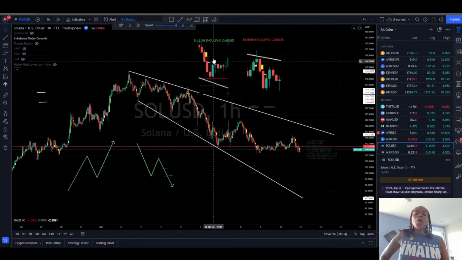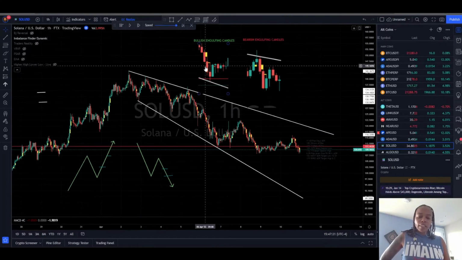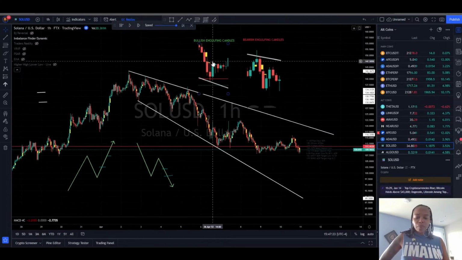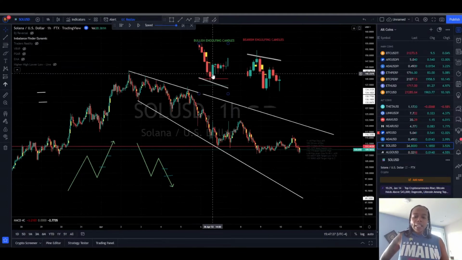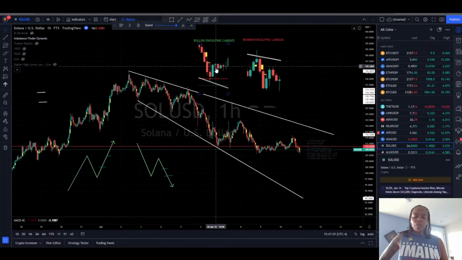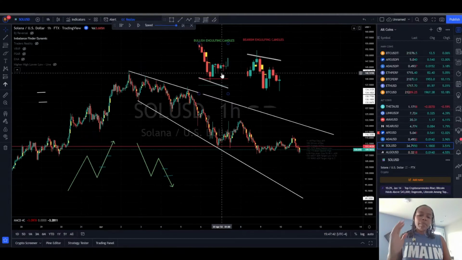What this generally tells us is that after a downtrend, when you see this formation show up, you might be able to enter into a long from here, assuming, and remember, don't trade any one thing in isolation or by itself, right?